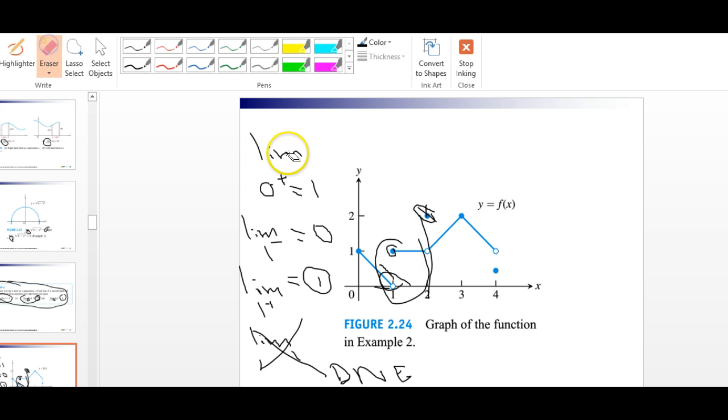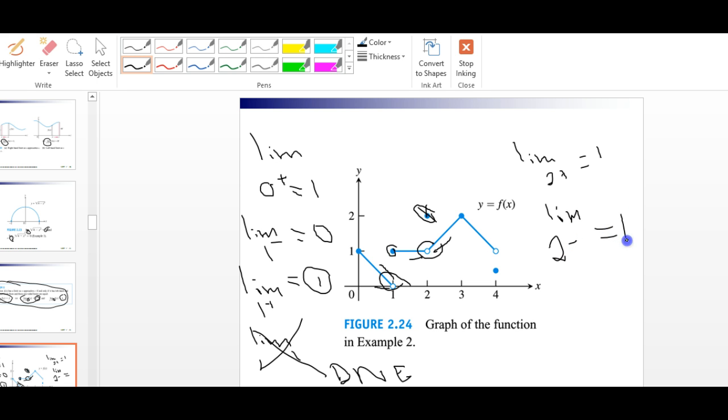Let's erase this one. So once again, left limit is 1, right limit is also 1. So the limit at 2 plus is 1, and the limit at 2 minus is also 1.